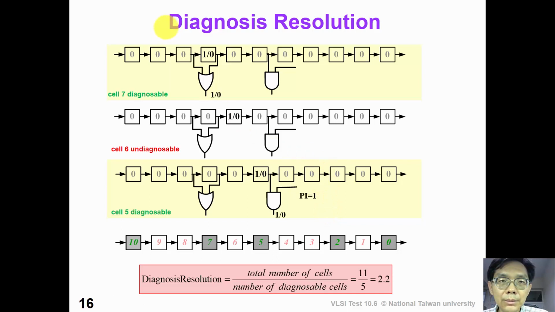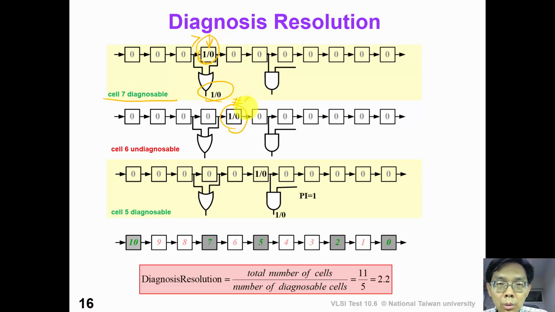Now let's see some examples. Suppose that we shift in a single excitation pattern which has only one 1 at this particular scan cell. We can easily generate a pattern to detect this fault. So this cell number 7 is diagnosable. Next, we move on to the next single excitation pattern.